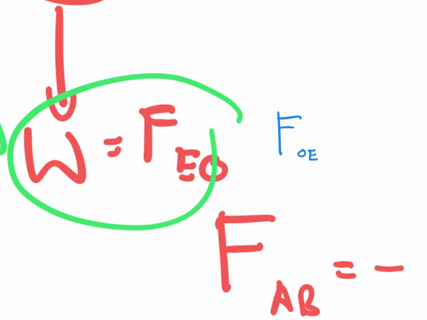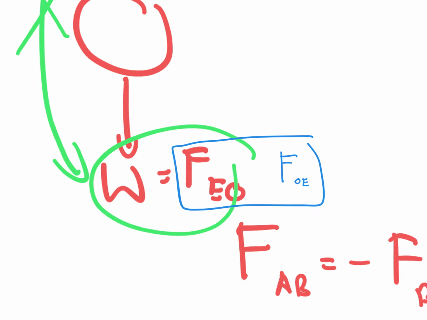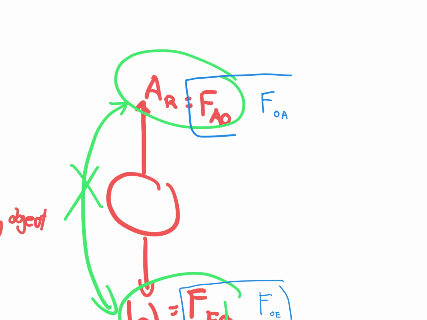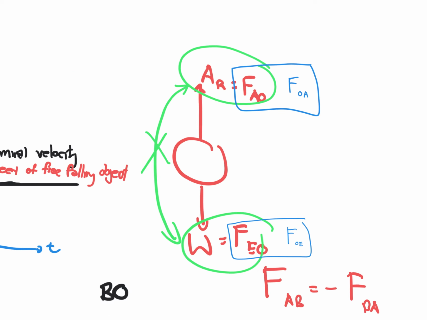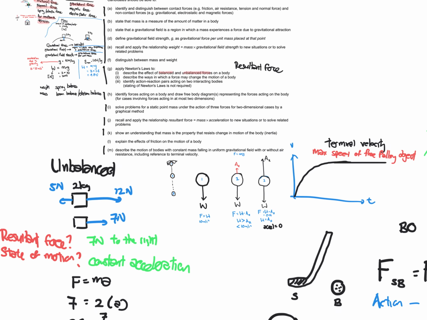Yes, you do actually exert a small amount of gravitational force on the Earth, and that amount is actually the same as your weight. But it's just that Earth doesn't pull back towards you in a way which is observable because the Earth is so much bigger compared to you. So these are action-reaction pairs. Your weight and air resistance is not an action-reaction pair.